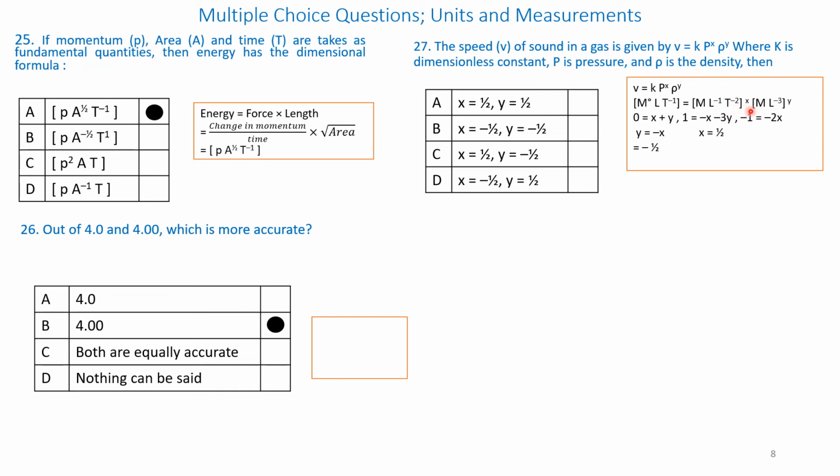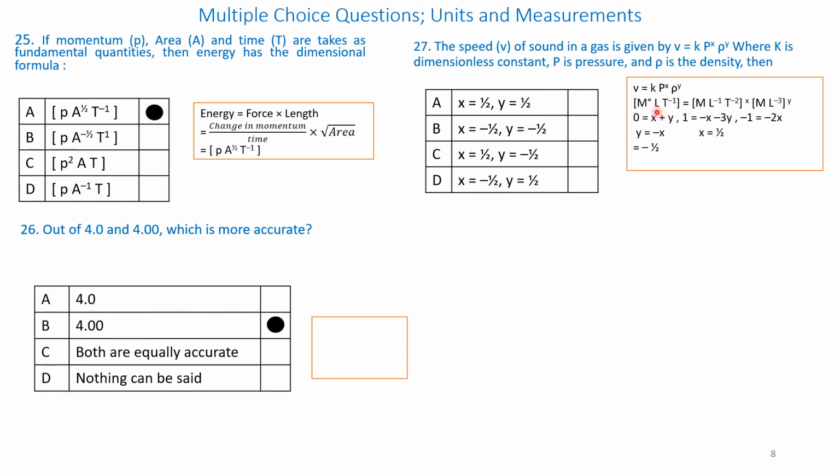And density is mass per unit volume. That is equal to M divided by L to the power of minus 3, and the whole to the power of y. So P is to the power of x here and rho to the power of y. Now we have to equate the powers of each term. For M, on the left hand side it is 0. Therefore x plus y is equal to 0.